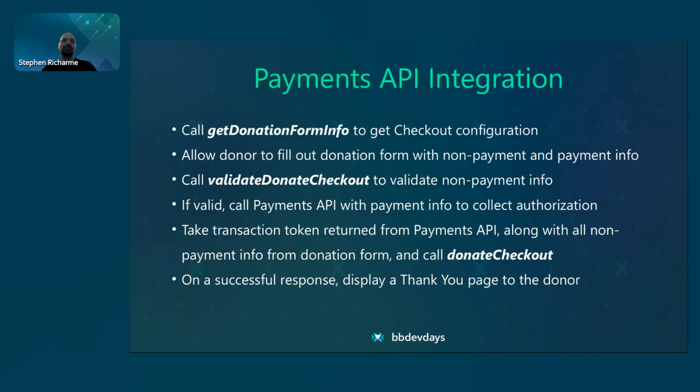You're displaying those fields yourself and calling the payments API with that payment information, along with any of the other billing information that's required, such as name, address, email, etc., to do that authorization. That returns a similar transaction token, which you can then submit along with all of the rest of the non-payment information on the form to call donate checkout.